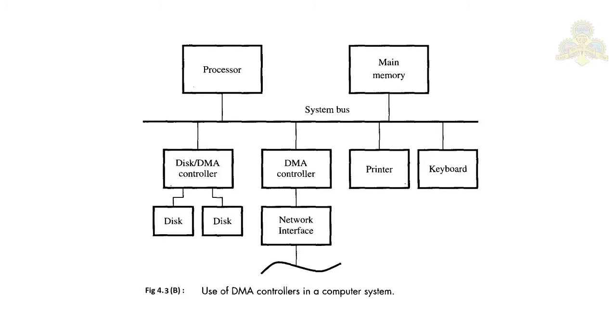This interweaving technique is called cycle stealing. The DMA controller may also be given exclusive access to the main memory to transfer a block of data without interruption. This is known as block or burst mode.